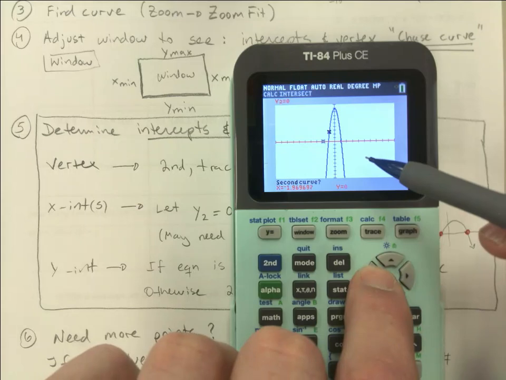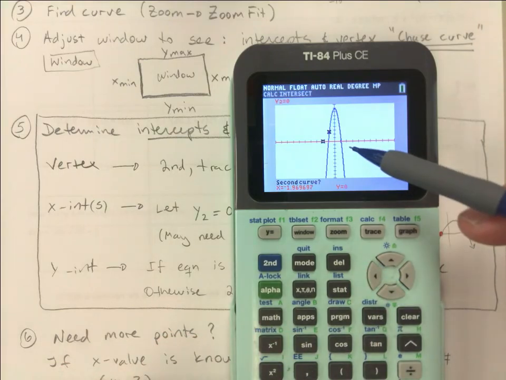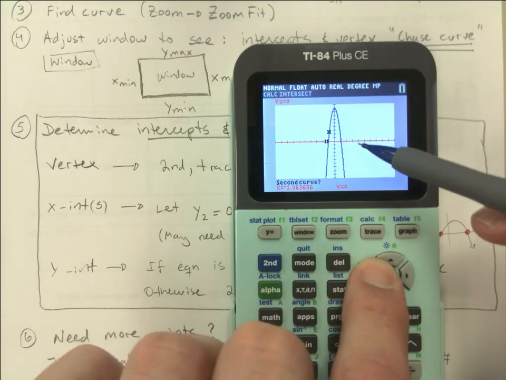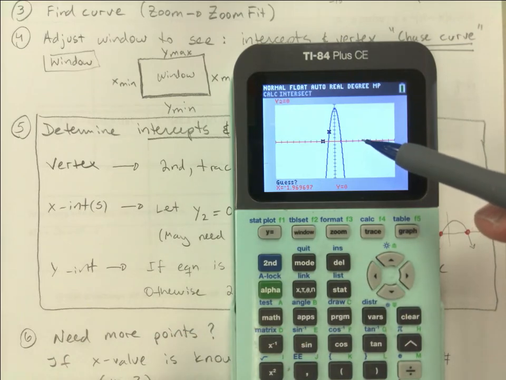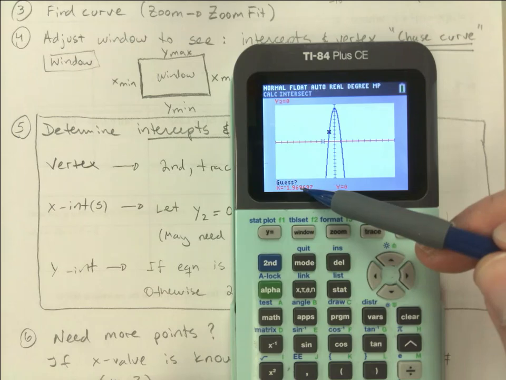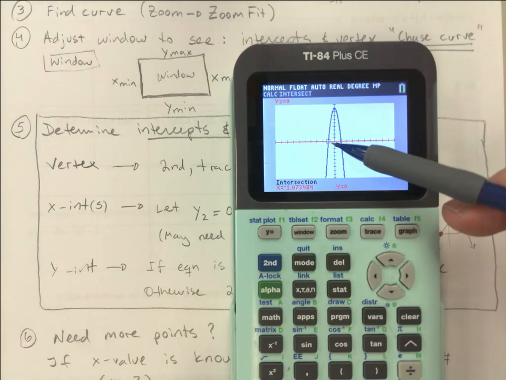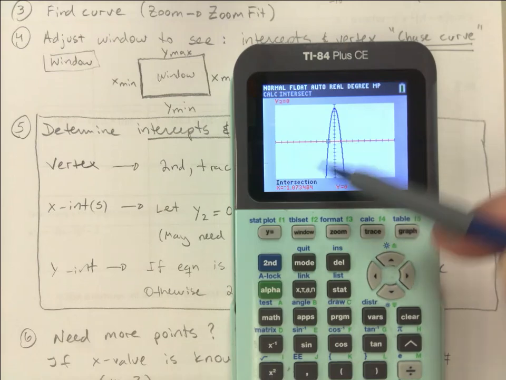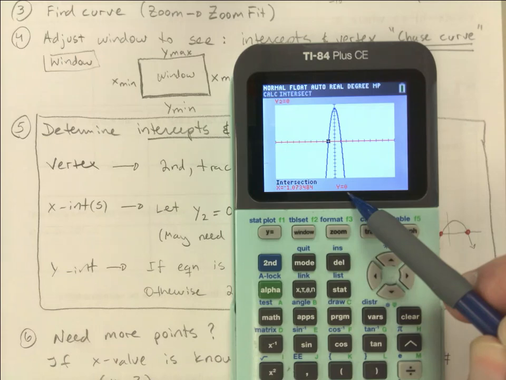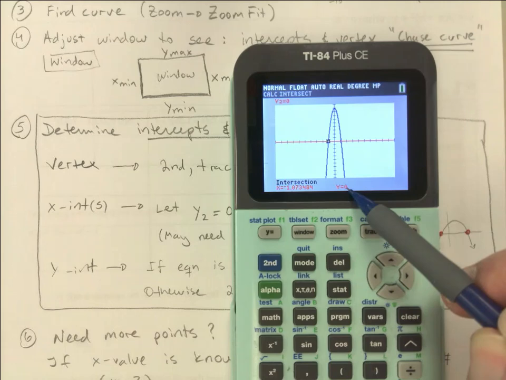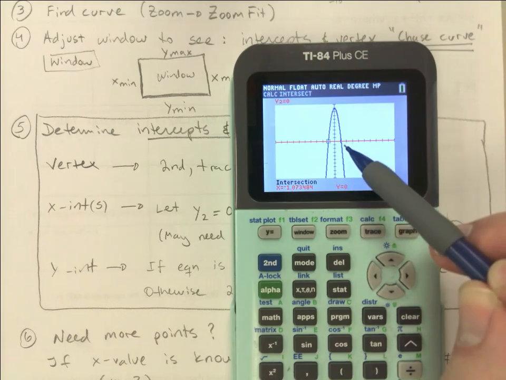If you go sideways, you're traveling on the red one. Hit enter anywhere on the red one. It doesn't matter. And what do you do when it says guess? You always press enter. Okay. It found the exact coordinate of the x-intercept, which is negative 1.070.